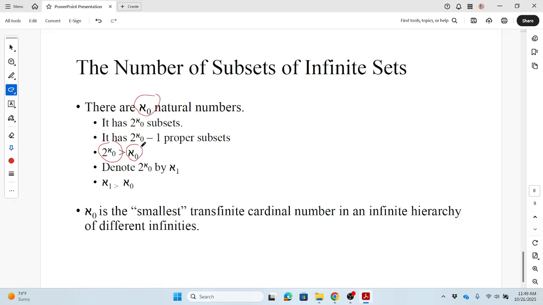So let's assume that this one is n1, then n1 is greater than n0. Keep in mind n0 is infinite, but this is the least infinite or smallest infinite number compared to other infinite numbers. This is just for information purposes, okay?